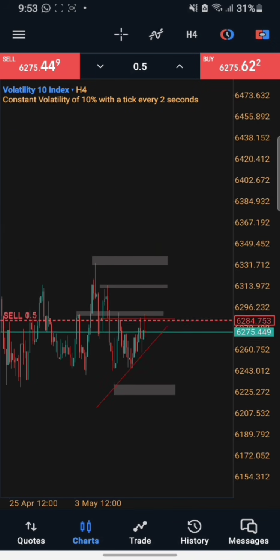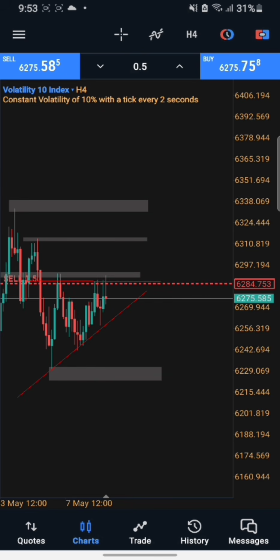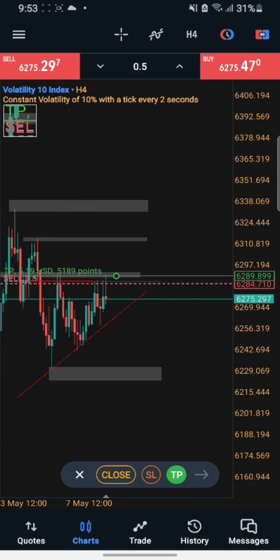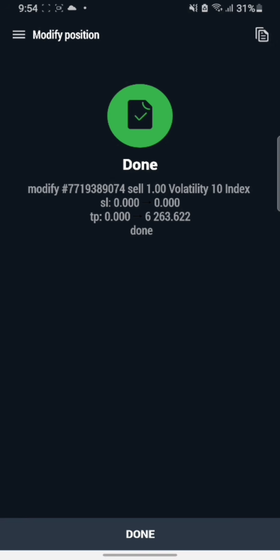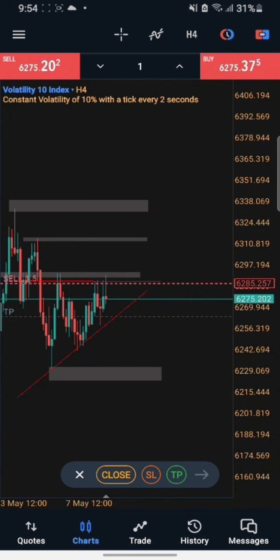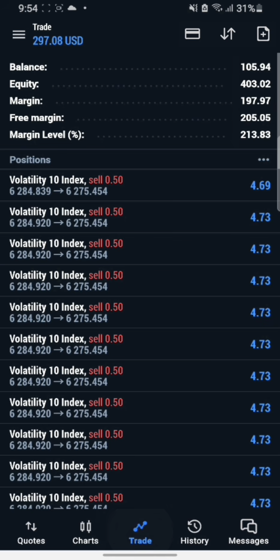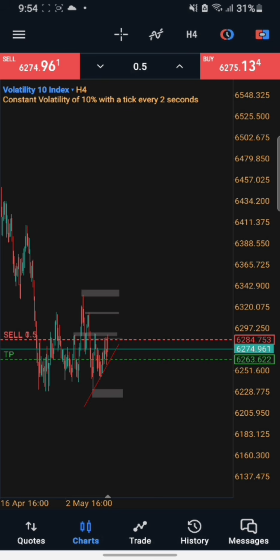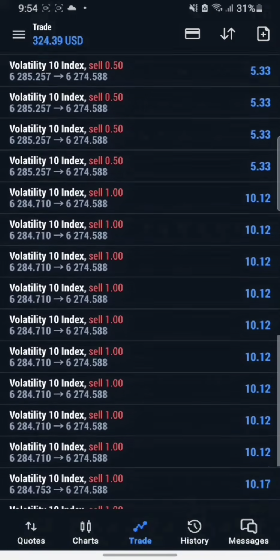And sometime later, now we are in $271 profit. As you can see, the market failed to break that upside, just as I had said, and is still going down. So in terms of take profit, remember, just put it at the area of support, which in this case is the area of support. So I'm going to adjust my positions to that take profit.